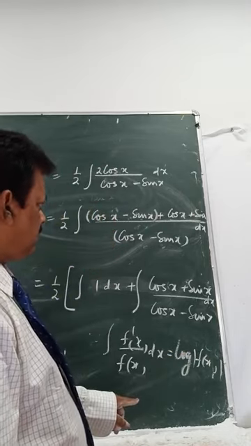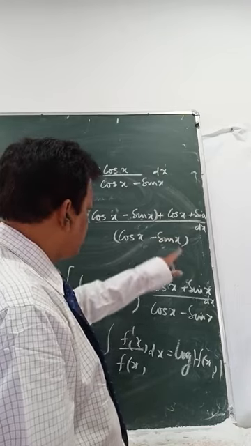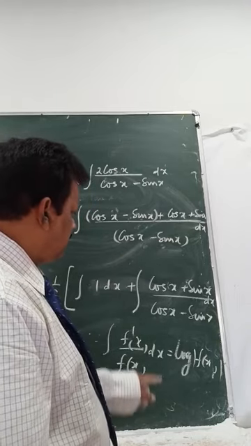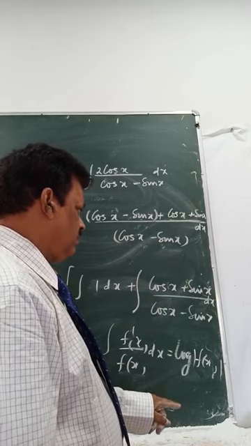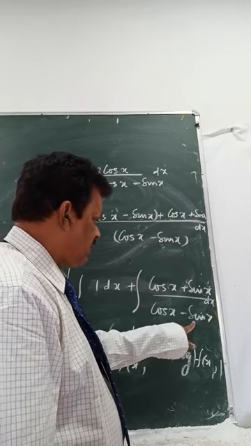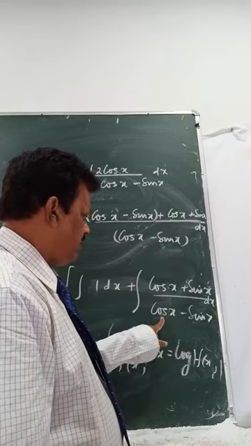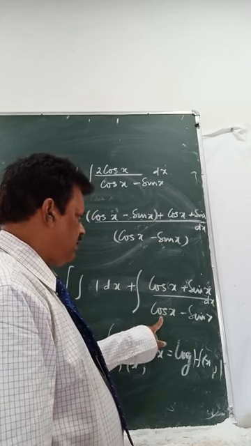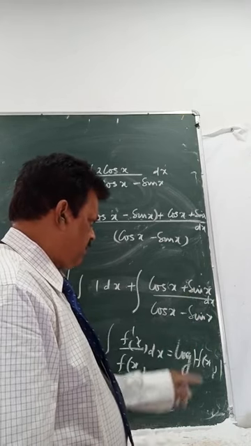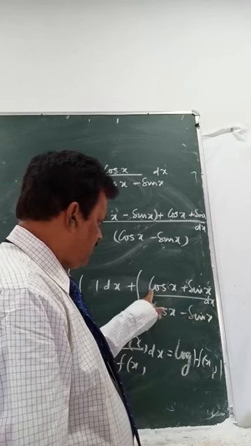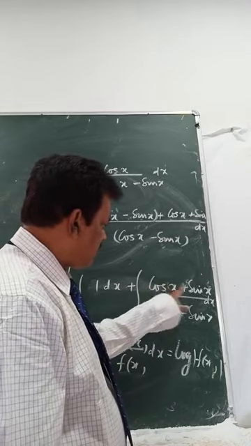So sorry, this is cos x minus sin x, this is cancelled. The derivative of sin x is cos x, and the derivative of cos x is minus sin x. The derivative of the denominator is minus cos x minus sin x, means only the minus is missing.